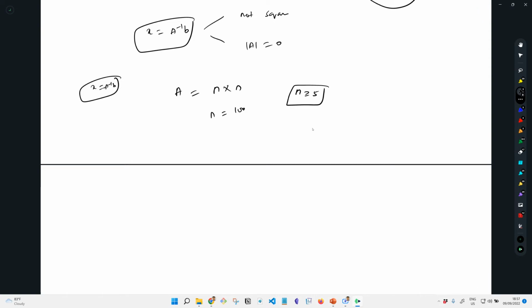For any square matrix that is n cross n and n is greater than or equal to 5, inverse computation takes n cube time, and this is not appreciable.